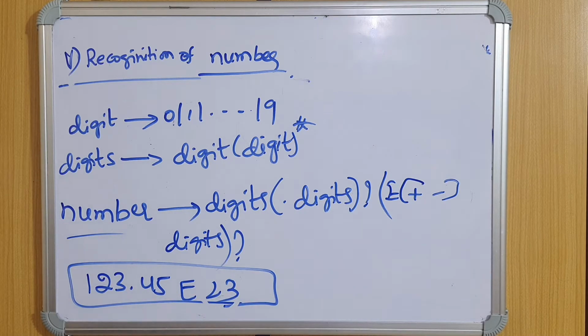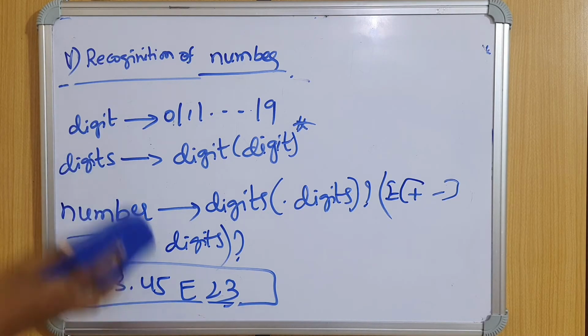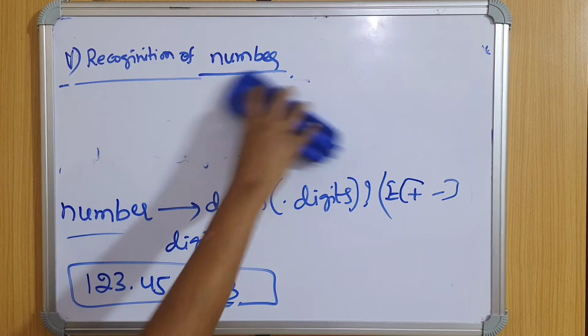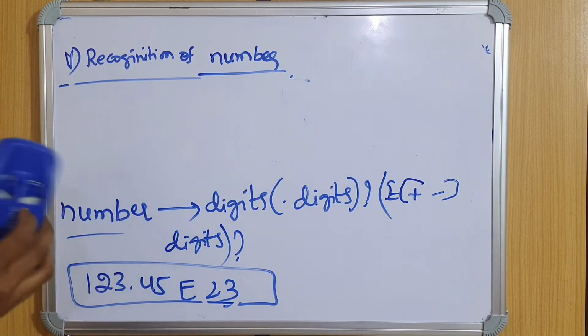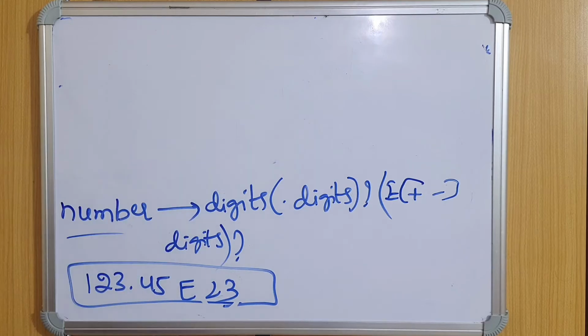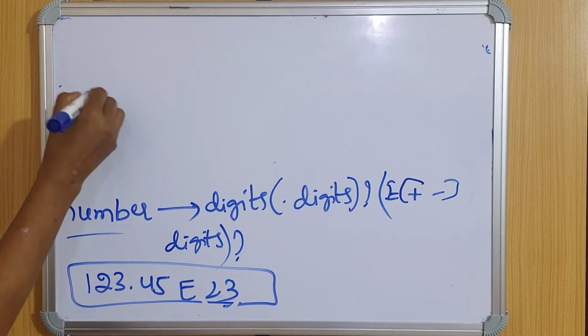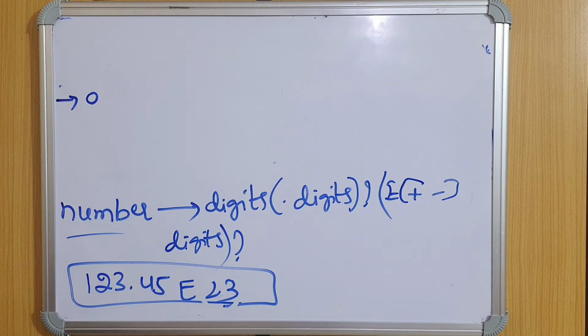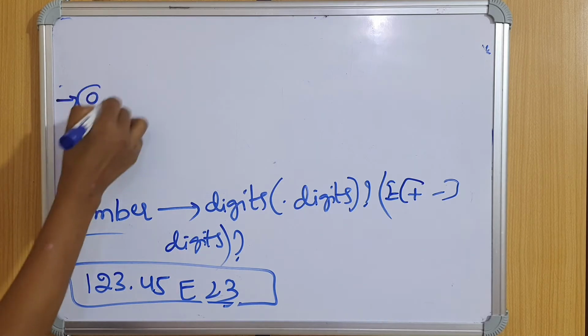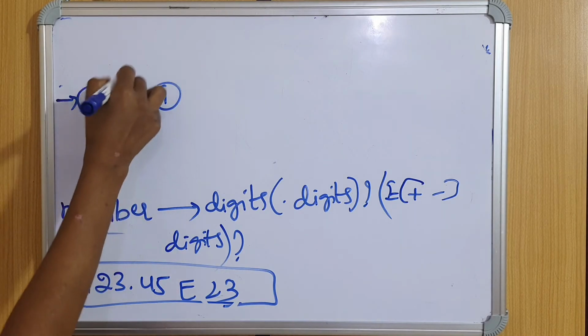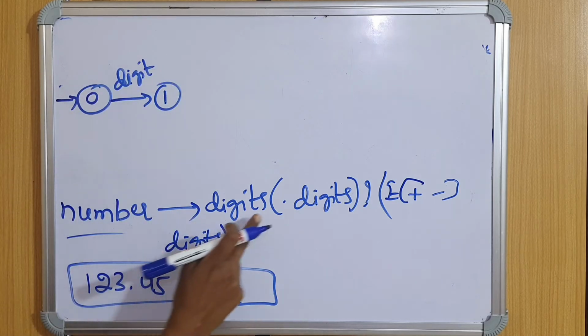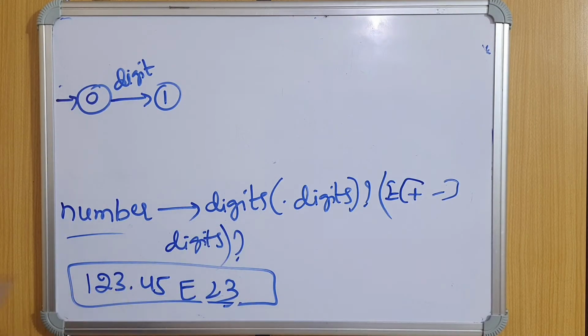If we want to draw the transition diagram for this, how does it look? Initially you have to take 0. Then digits. It is in the form of digits, so you have to convert it.